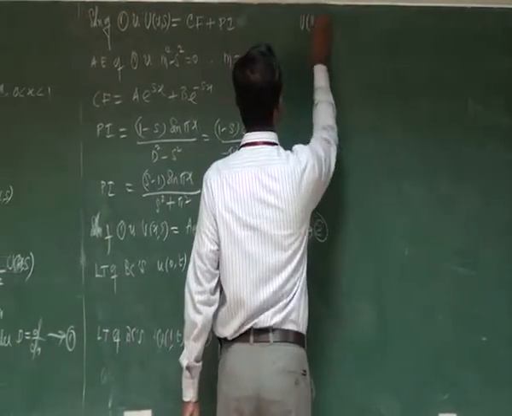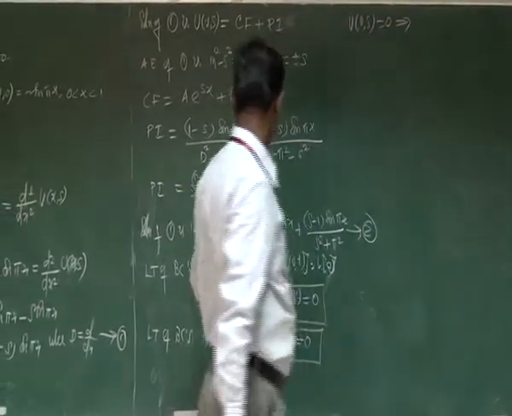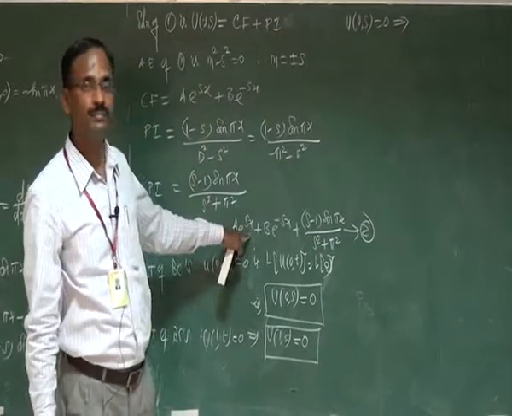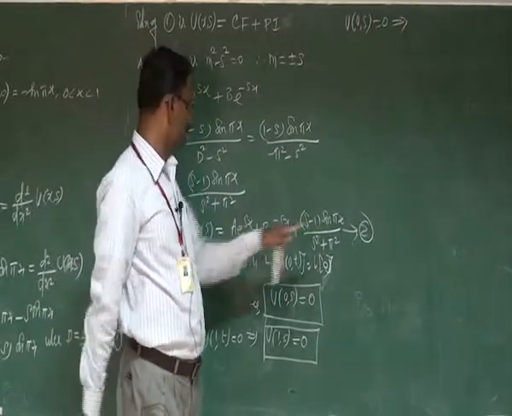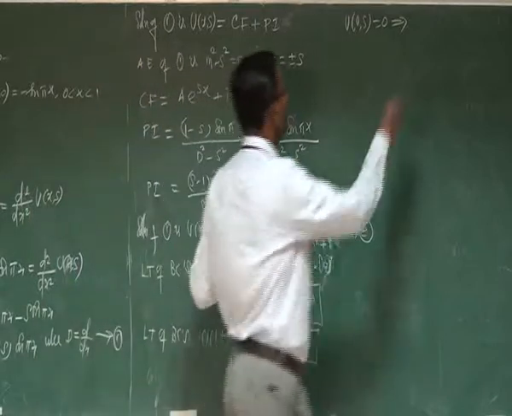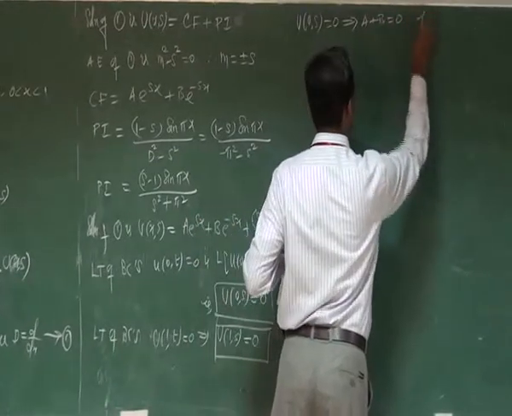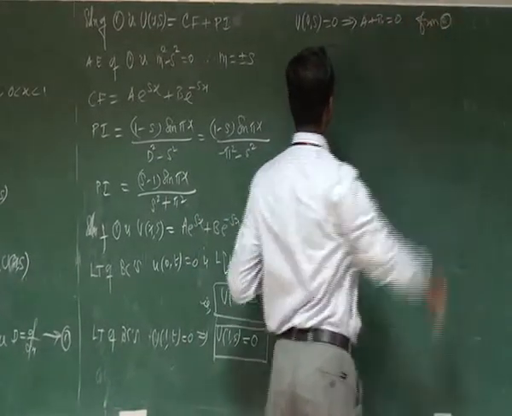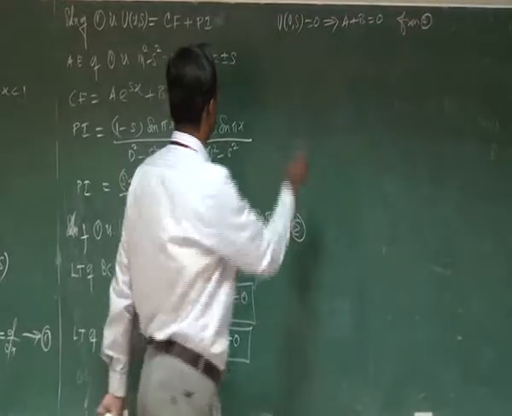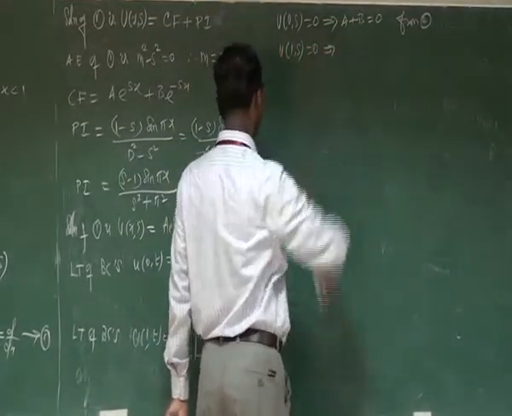So u of 0 comma s equal to 0 implies when we substitute x equal to 0, sin 0 is 0, e power 0 is 1, here also e power 0 is 1, which implies a plus b is equal to 0 from equation number 2. Next one, u of 1 comma s is equal to 0.